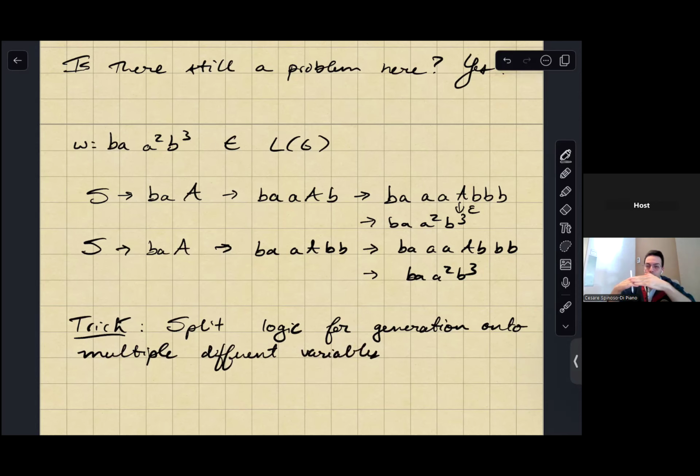If you think of the parse tree, instead of always having the same variable, you have the variable A, and at some point you have to switch to the variable B, and you can't go back to the variable A. That's what prevents this interchange.